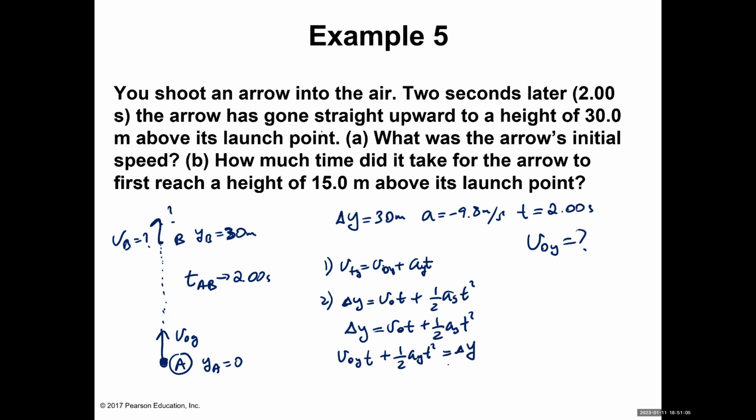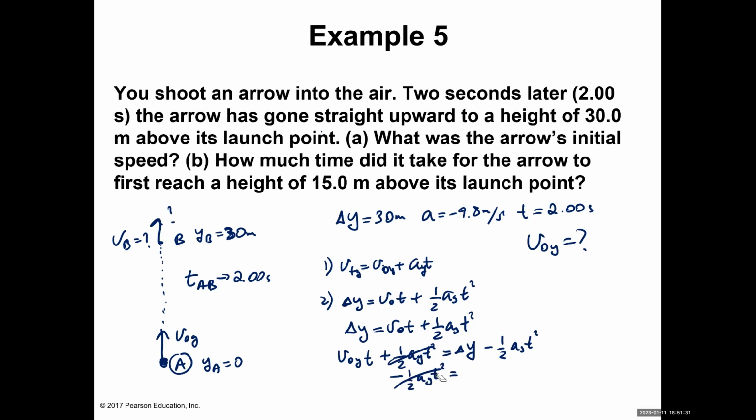I can swap the sides. Remember, what I want here is this quantity. That means I want to isolate this. That means now I need to get rid of 1/2 a_y t squared. That means I subtract this from both sides, right? That means this is minus 1/2 a_y t squared, which will cancel this one from here.